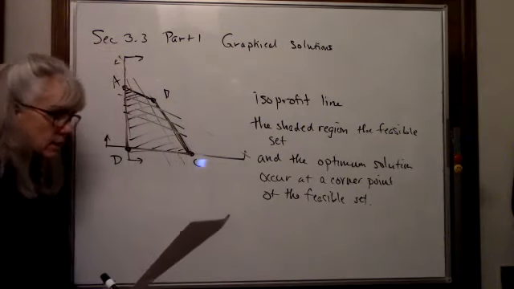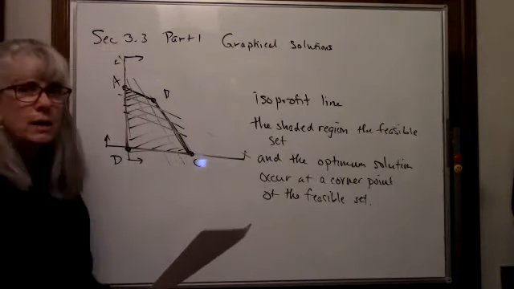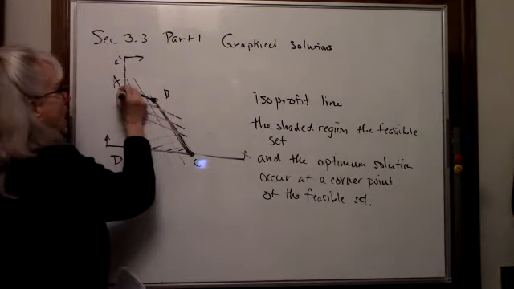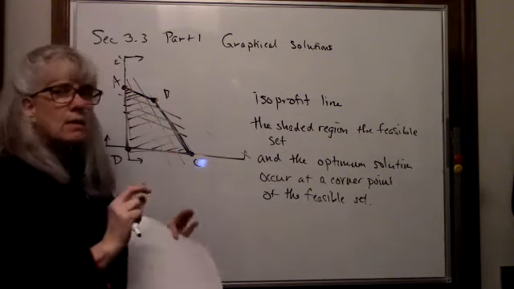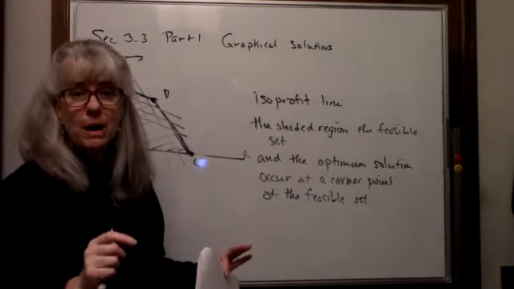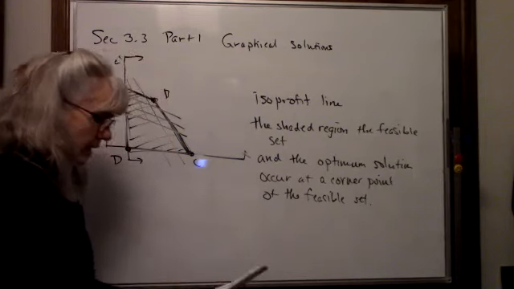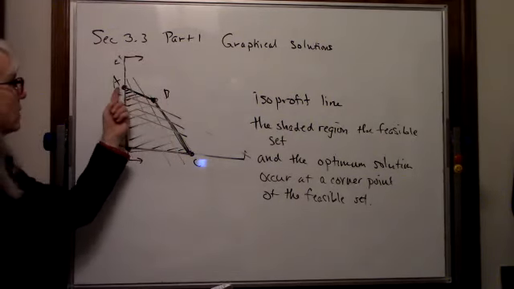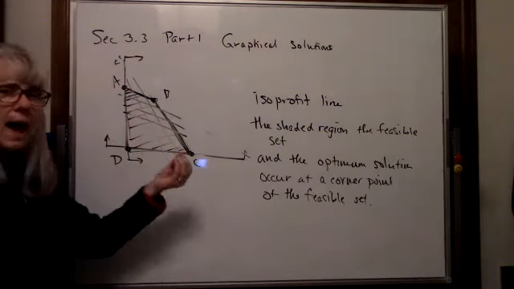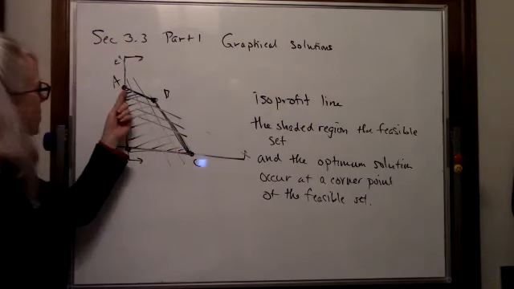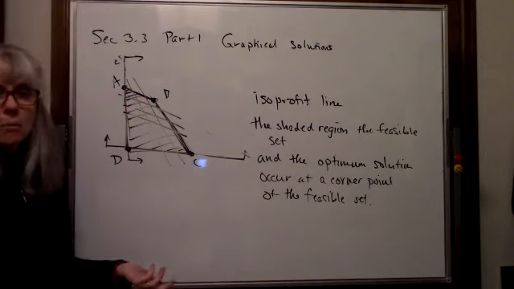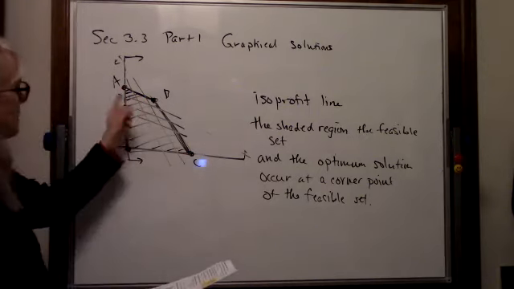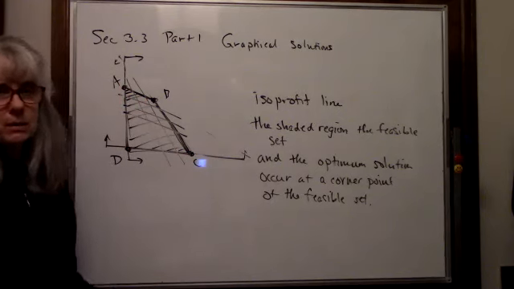The theorem does go on to say that if the objective function is optimized at two adjacent vertices, so for instance, if A and B both gave us the same maximizing or minimizing answer, then it's optimized at every point on that line segment, because this is an isoprofit line. If A and B have the same output to the objective function, then every point along that line would be the same profit. That doesn't happen very often, but there would be infinitely many solutions.